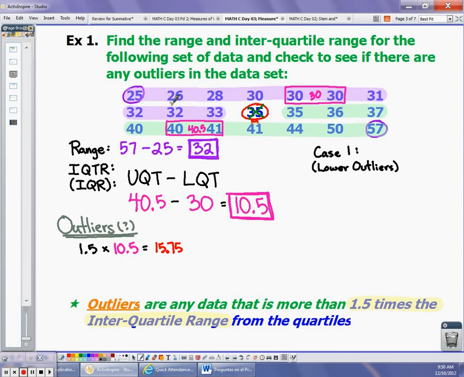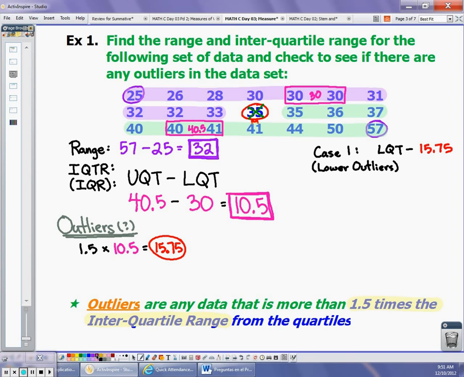So what I'm going to do, it says it's away from that quartile, so that's my lower quartile. So I'm going to do my lower quartile minus what we just found, that 15.75 right over here. We're going to subtract 15.75. That's going to check to see if I have any lower outliers. Well, I do know what my lower quartile is.